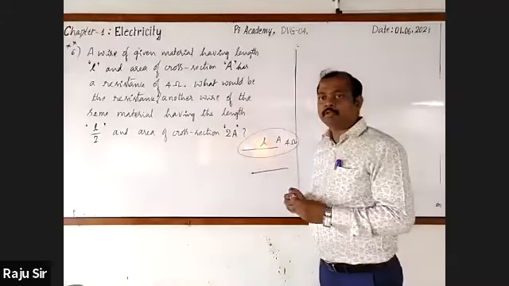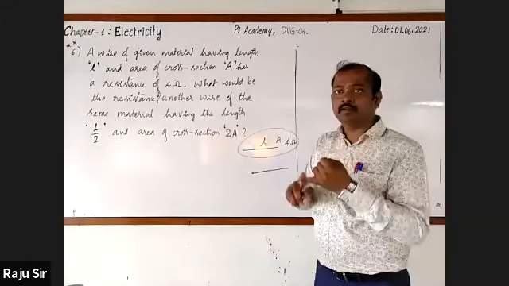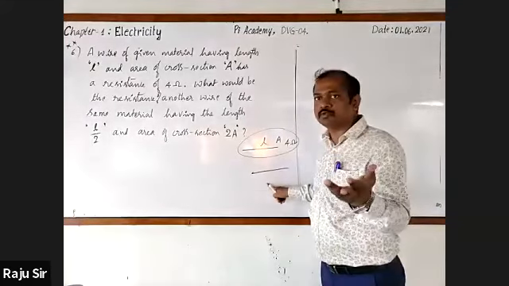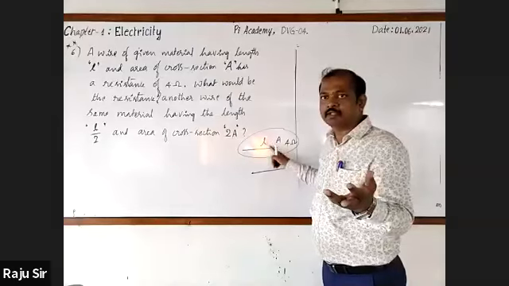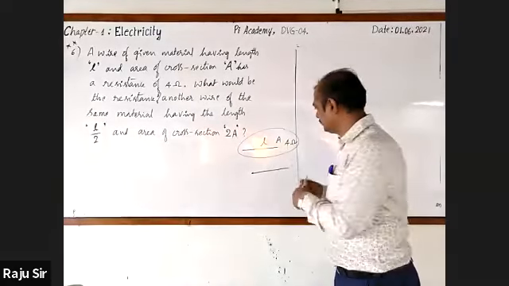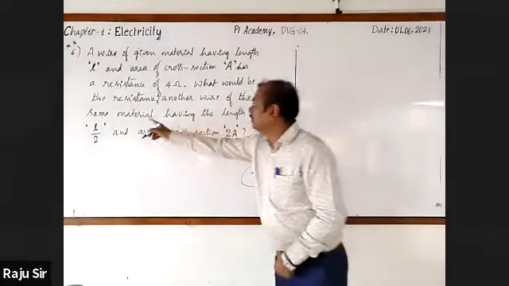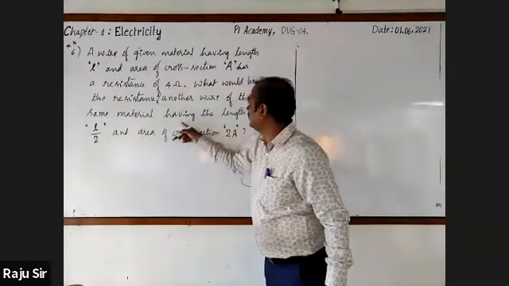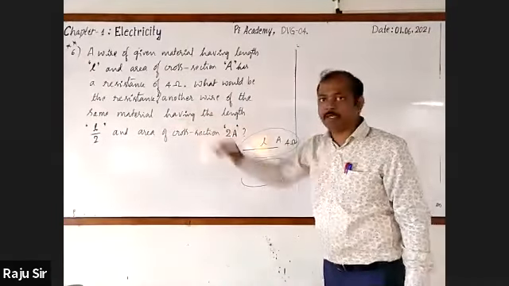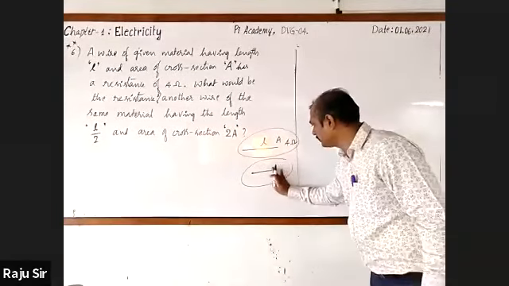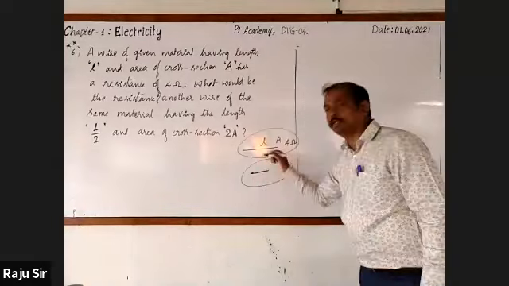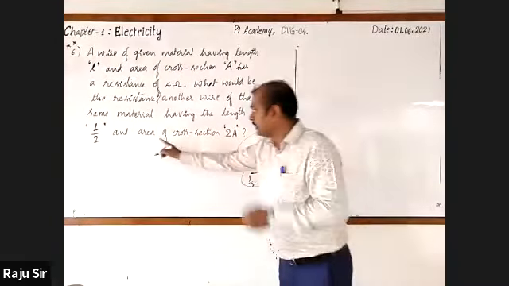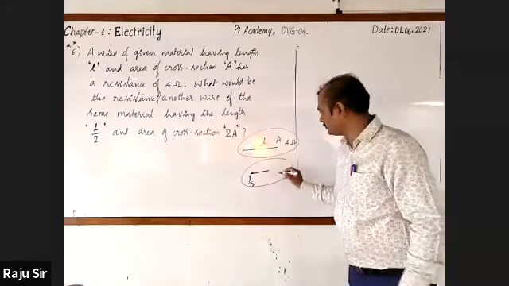We are going to take another wire of the same material. If in the first case we have used a copper wire, in the second case also we use the same copper wire. If it is iron, this is also iron. The length is L/2, half of what we took earlier, and the area of cross section is 2A.